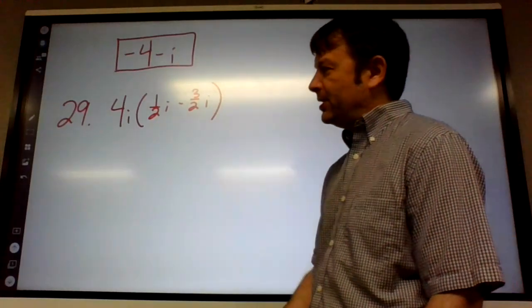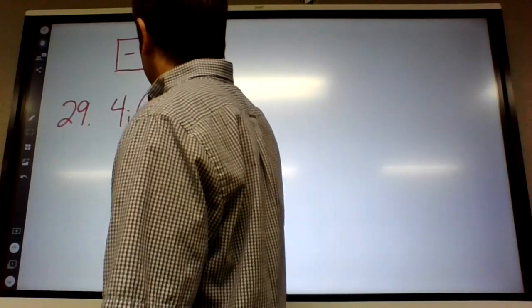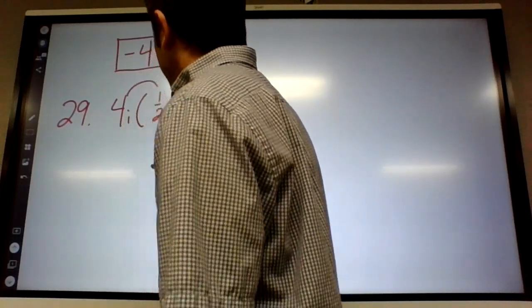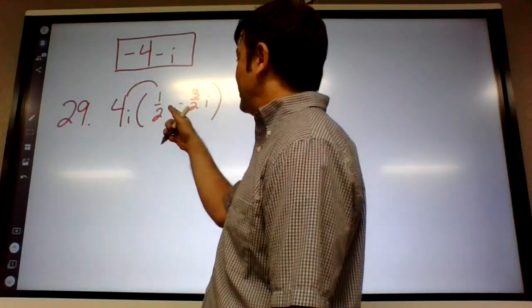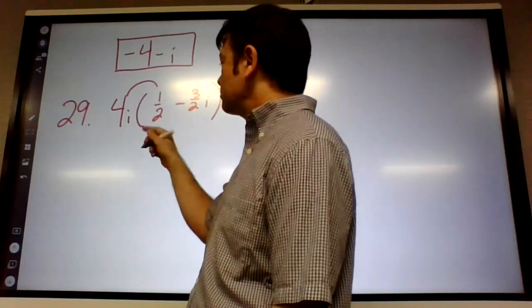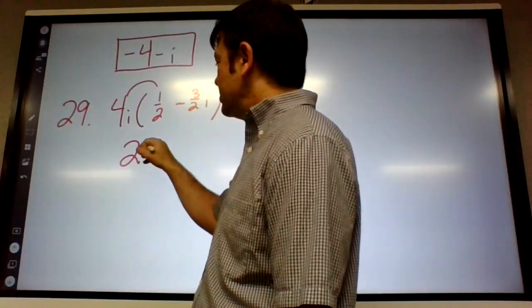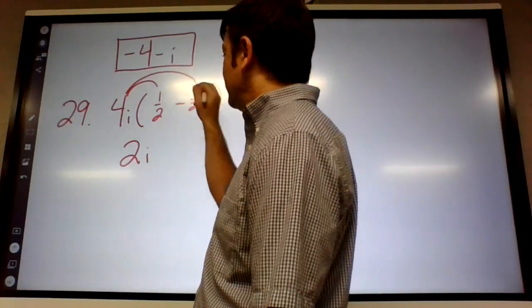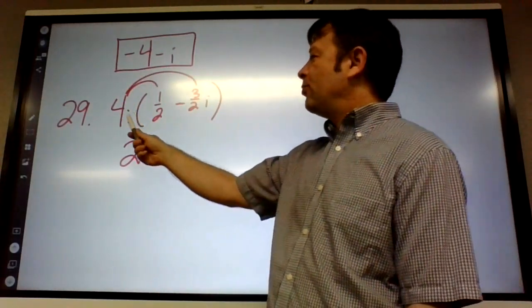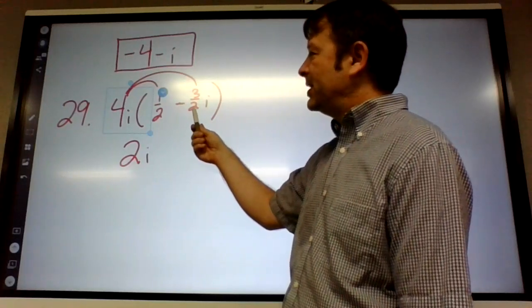Okay, so wait, I didn't copy this right, did I? Oh, there's no i on this one. Okay, so another distribute. So what's 4i times a half? What's half of 4? Or, I mean, 2. So this would be 2i. And then 4 times negative 3 halves is going to be negative 6.